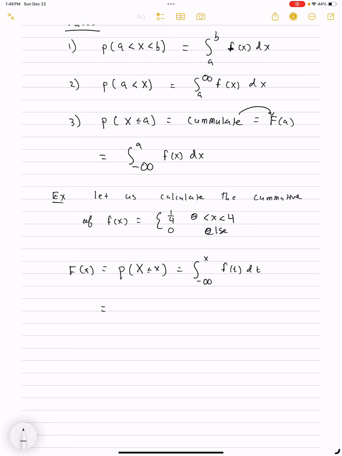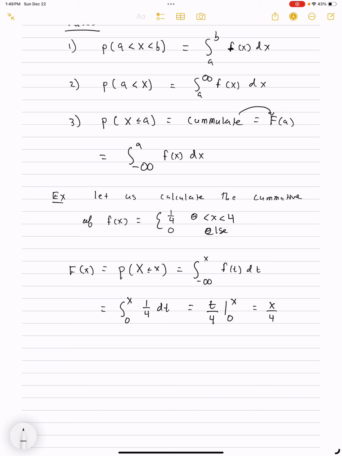But notice the density function is only non-zero starting at 0. So this will be the integral from 0 to x of 1/4 dt. I changed it to dt so that it doesn't match the x in the upper limit, and that was a little bit important. And this will be t over 4 evaluated at 0 and x. This will be x over 4.